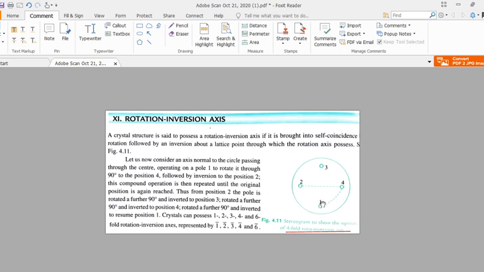Let us say you are starting with position number 1. You rotate your cube by 90 degrees, so one of your faces is right now over here at position 1. Now you rotate your dice by 90 degrees, so now you are somewhere at position 4. This dotted line is representing the 90 degree rotation.